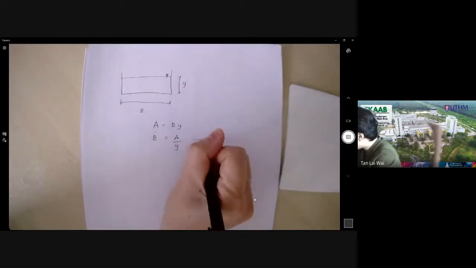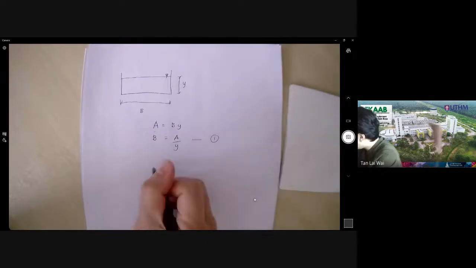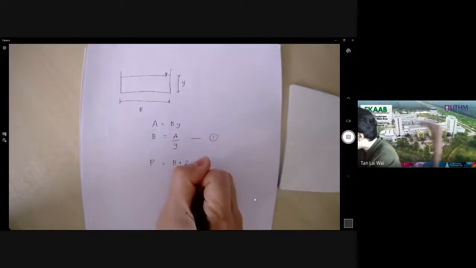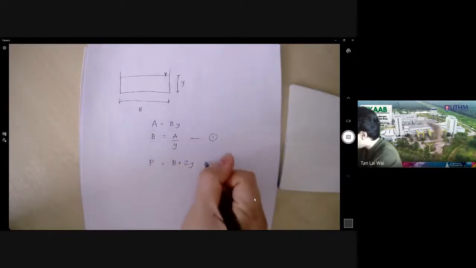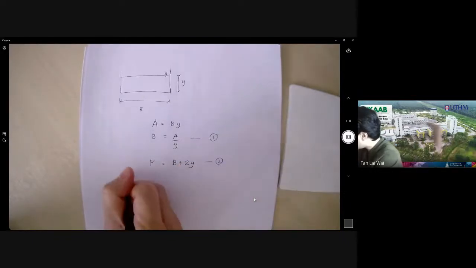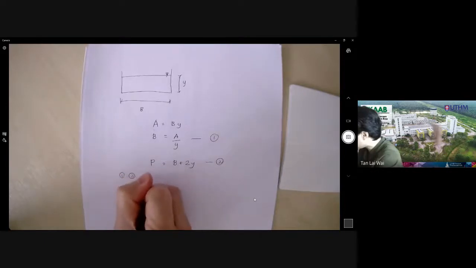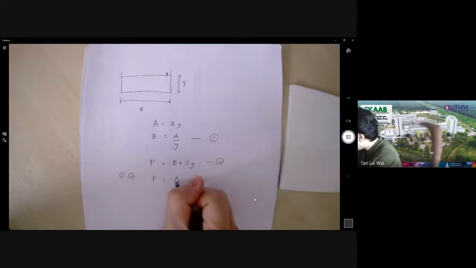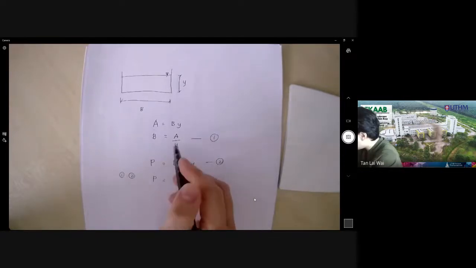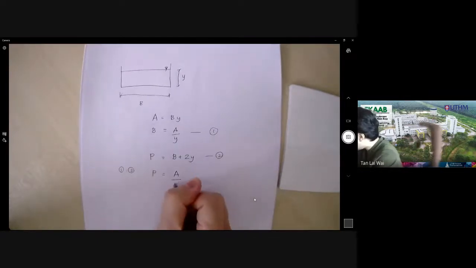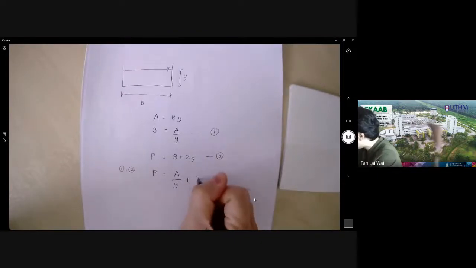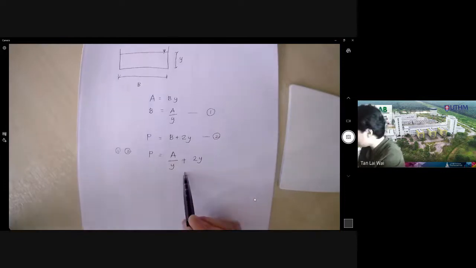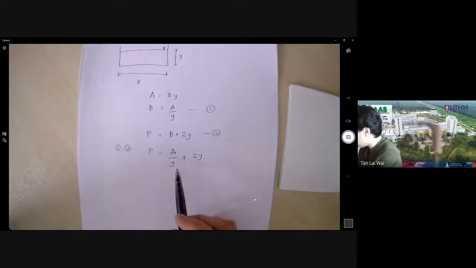This is the first formula. Then P, wetted perimeter, is B plus 2y. So I'm going to substitute 1 into 2. I'm going to have P equals to A over y, substituting B, plus 2y. Therefore, I can differentiate P with respect to y.